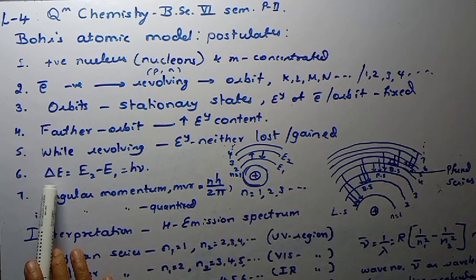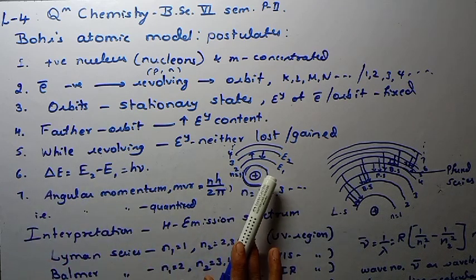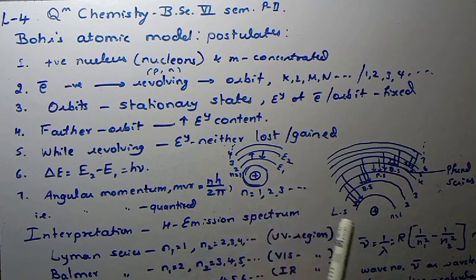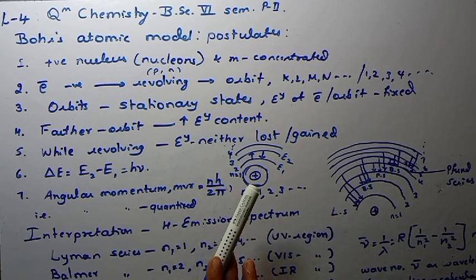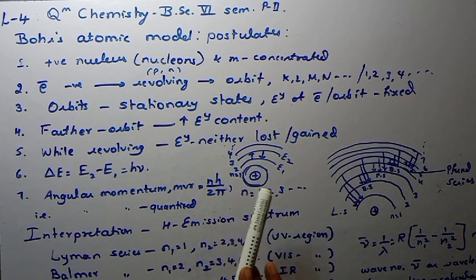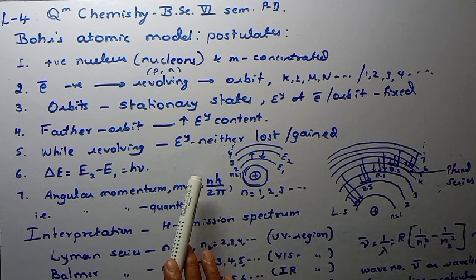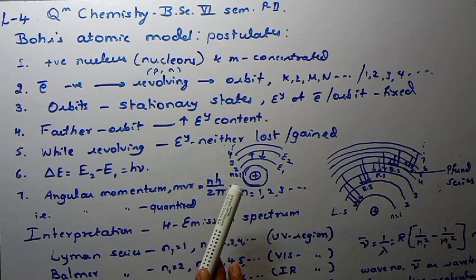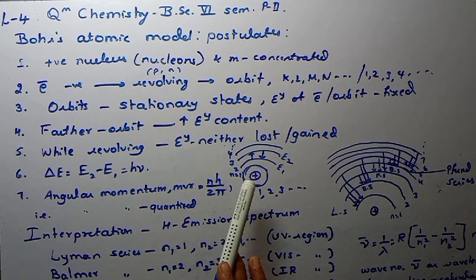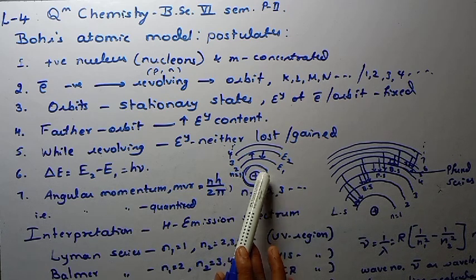The sixth point: if energy is added to the electron or energy is removed, then the electron will change its position. If the atom is heated or supplied with a certain amount of energy, the electron absorbs the energy and jumps to a higher energy level.